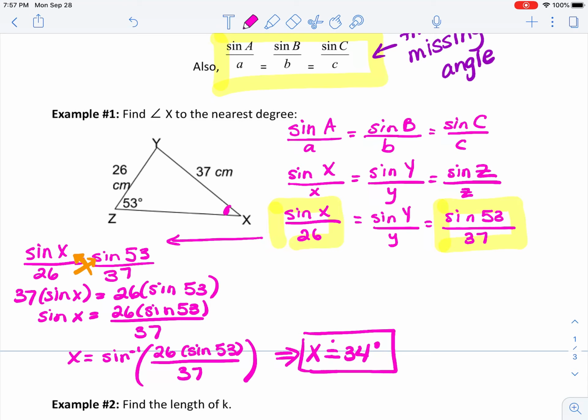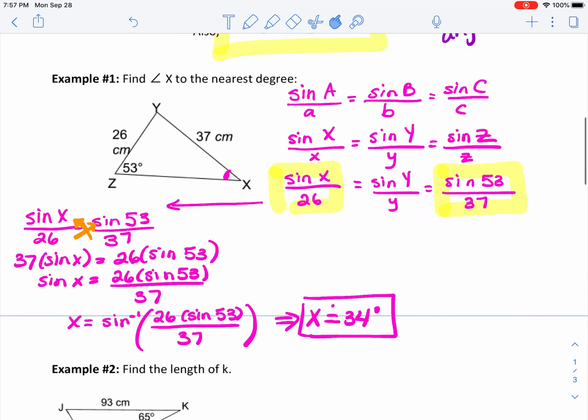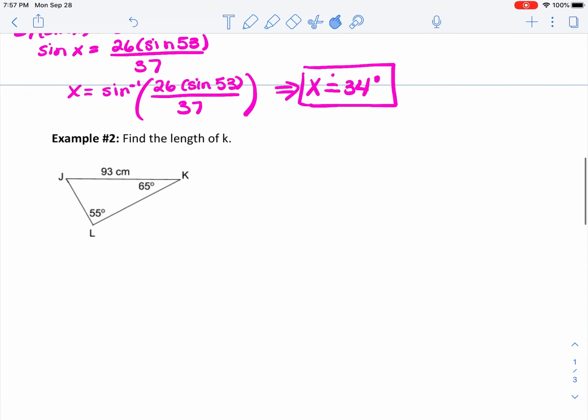So try on your calculators and make sure you know how to put that in to get the right answer of 34 degrees.